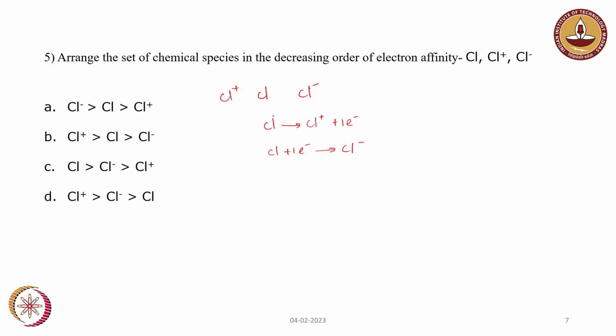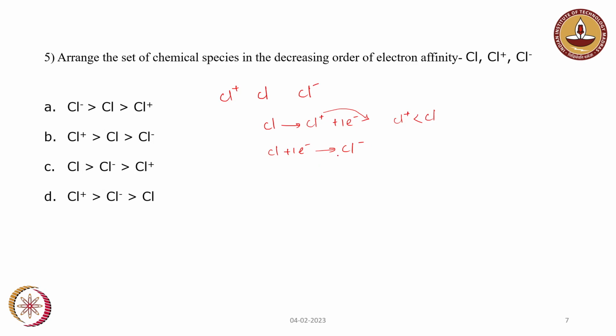So when we convert a neutral atom into its cation, the size will decrease. So Cl plus has a lower size compared to Cl, because the effective nuclear charge will be higher for Cl plus. The number of electrons is less in Cl plus, so the nucleus will attract electrons more tightly in Cl plus compared to Cl.